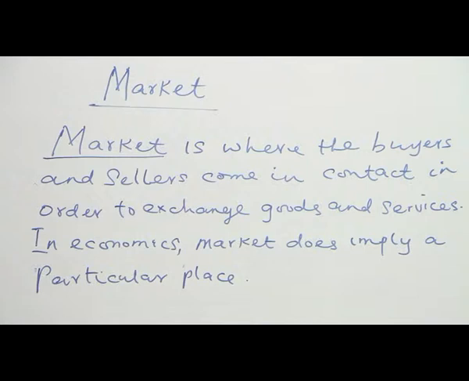Market can take place on the highway, in the classroom, on the phone, even on the internet. So where buyers and sellers come in contact implies market according to economics, not a particular place where goods and services can be bought.